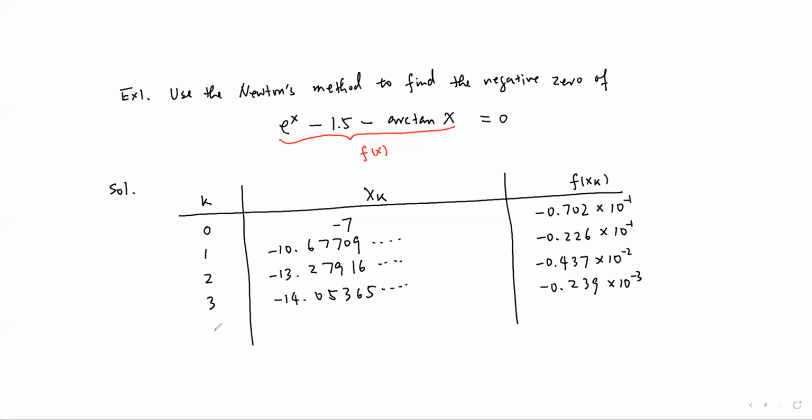Now, after the 3 iterations, Newton's method is speeding up very quickly. 4, -14.10, and then here is a -0.800 times 10 to -6.